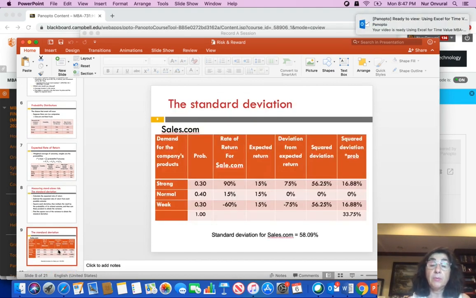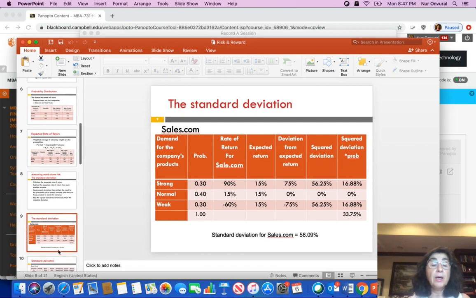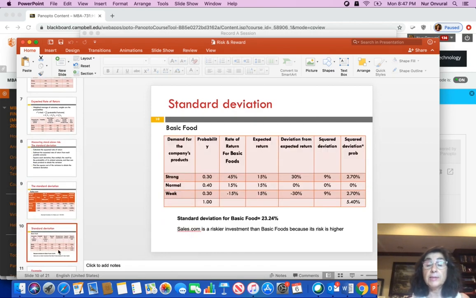In this table, I have calculated all of those as summarized in the previous slide, and that gives us a standard deviation for Sale.com of 58%. We do the same thing for Basic Foods, and that gives us a standard deviation of 23%.